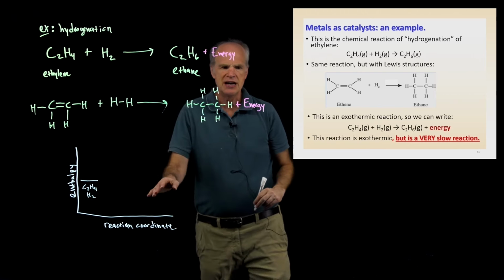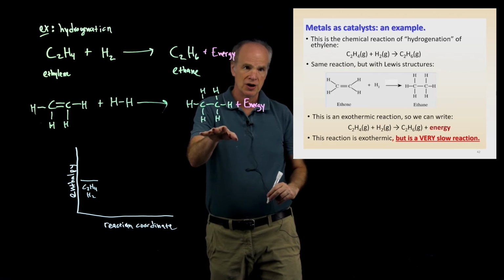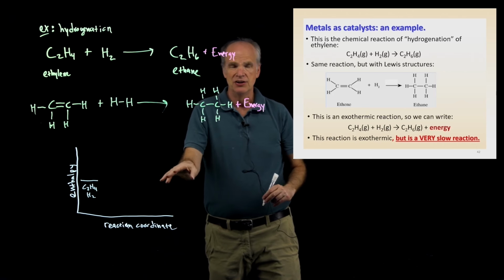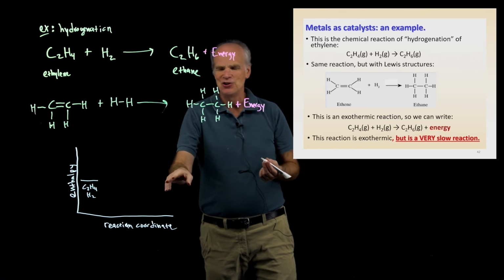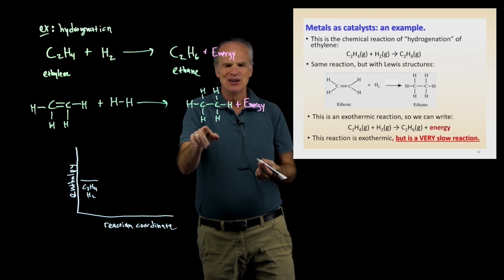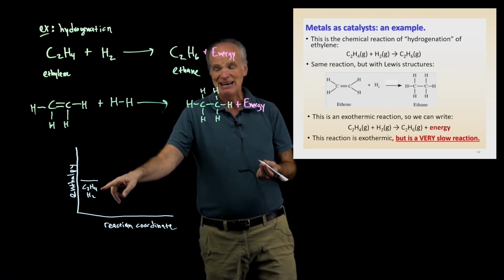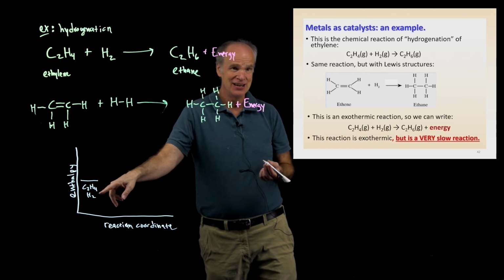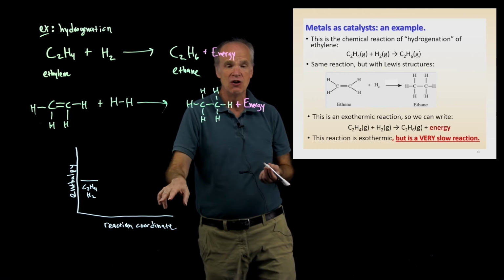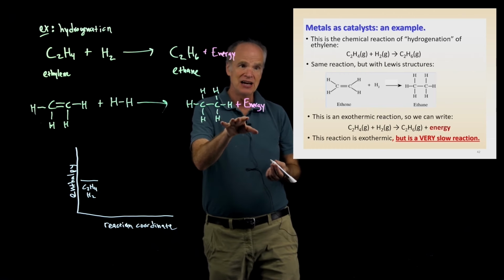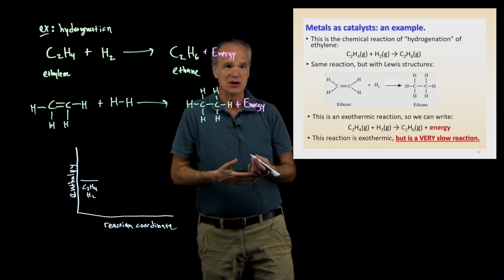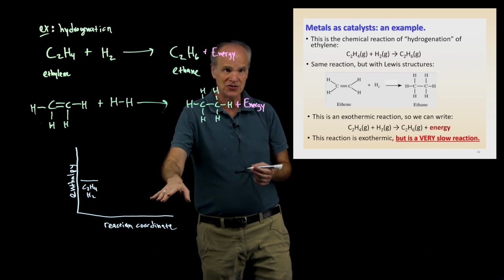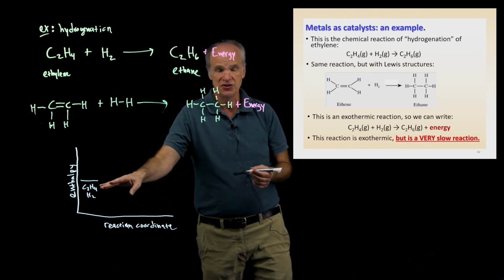Okay, so now let's map out where the ethane product is in terms of this diagram. You should be able to tell me whether you think the energy of this ethane product is higher than the ethylene and hydrogen reactants, or is it lower? Well, if this is an exothermic reaction, hopefully you'll remember that the reason it's exothermic is because the products must have less energy than the reactants.